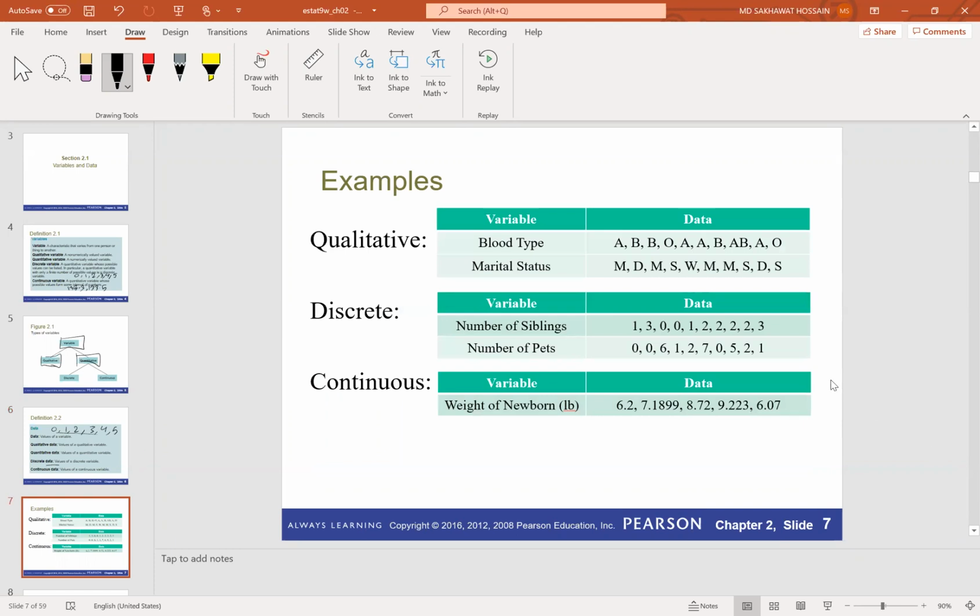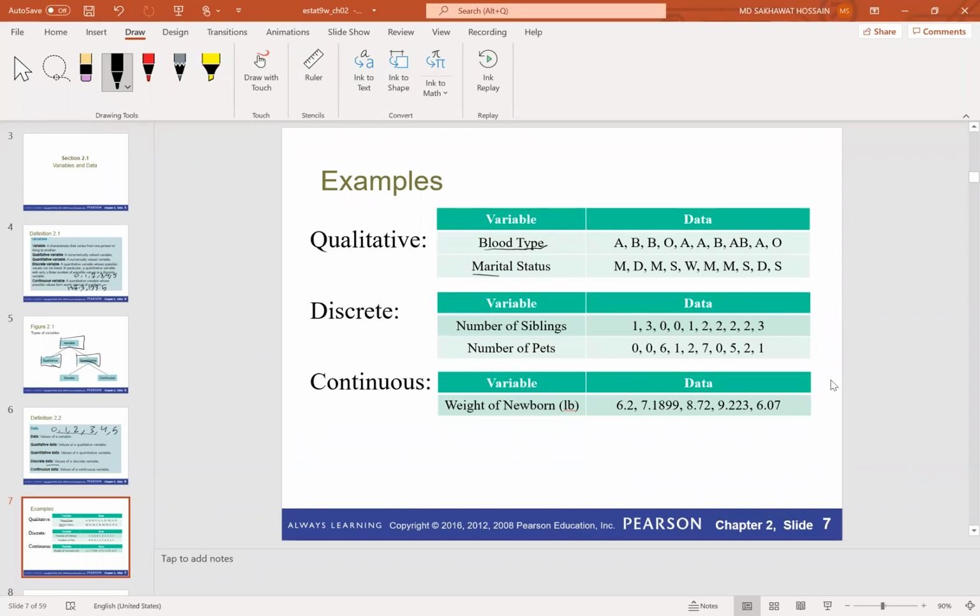Okay, so here are some examples of variables and corresponding data. The first one is a qualitative variable. We have two variables here. The first one is blood type, and the second one is marital status. We collected blood type for different persons.